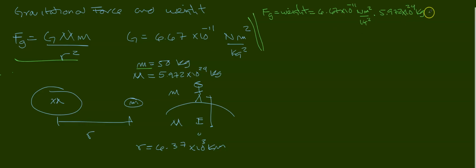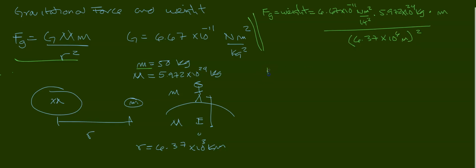I want to leave the mass of the person just as m for the moment, and then I'm going to divide this over the radius, 6.37 times 10 to the 3 kilometers, so times 10 to the 6 meters. Let me do this again, times 10 to the 6 meters, and this squared.